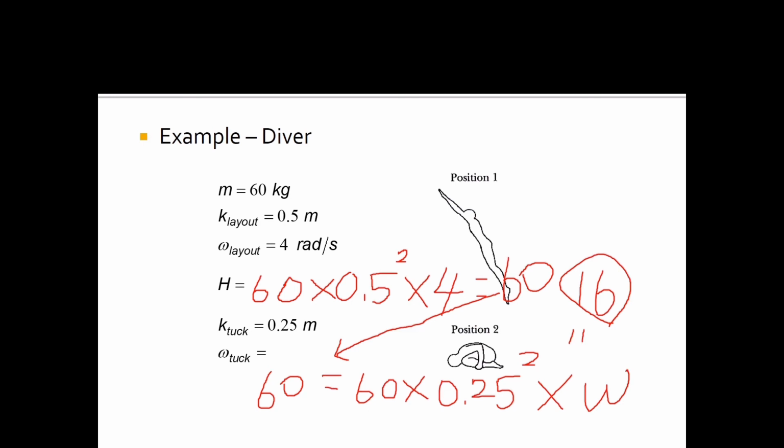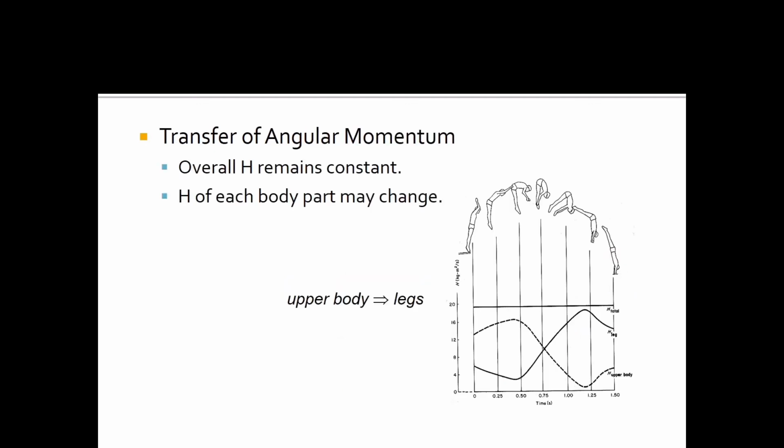It will allow him to increase his angular velocity at position 2. Again, the bottom line is angular momentum at position 1 equals angular momentum at position 2.